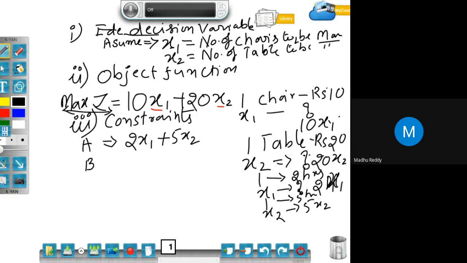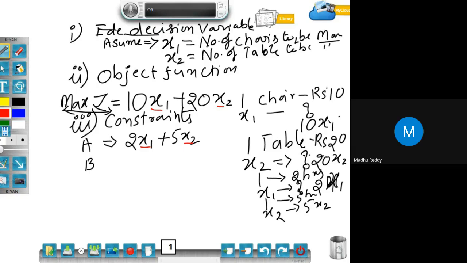To manufacture one chair it requires 2 hours of time, and we have x1 chairs, so the total time required for manufacturing chairs is 2x1 on machine A. Machine A is also used to manufacture tables. One table requires 5 hours of time, and in total we have x2 tables. That is the total number of hours required on machine A.